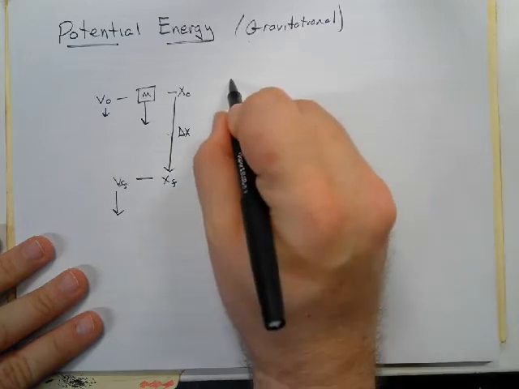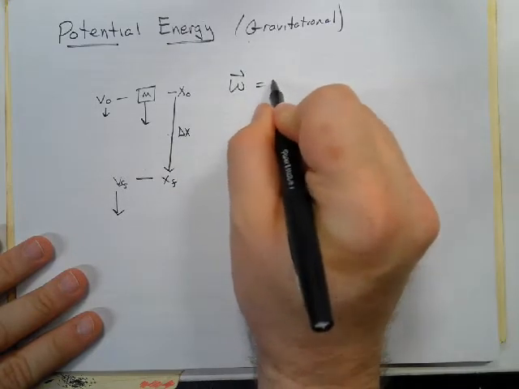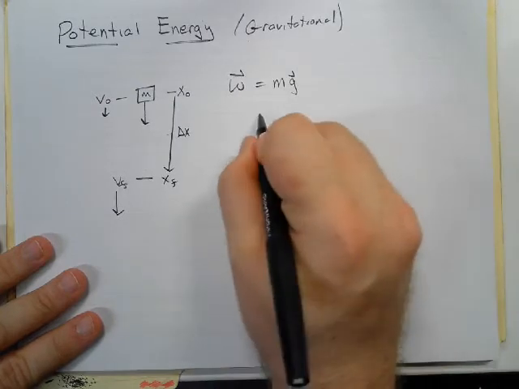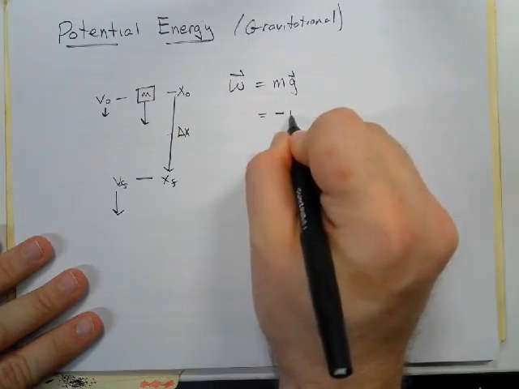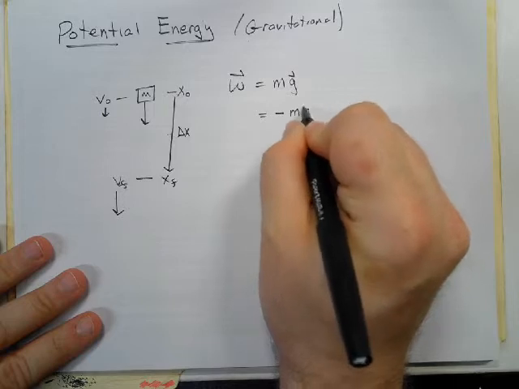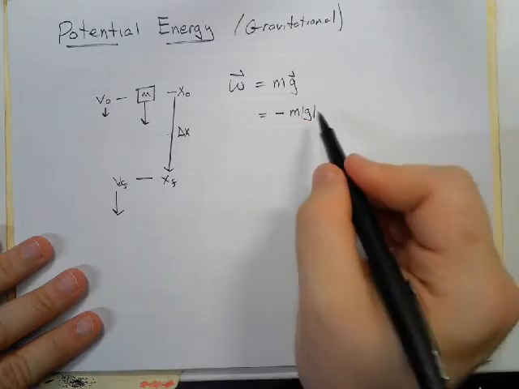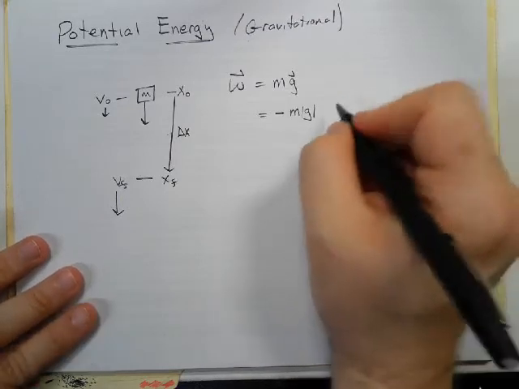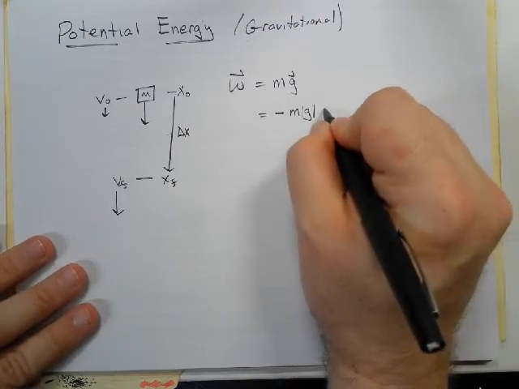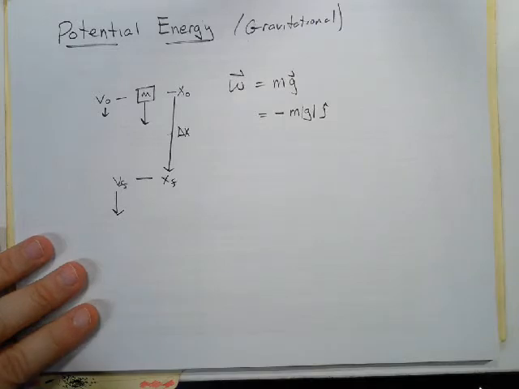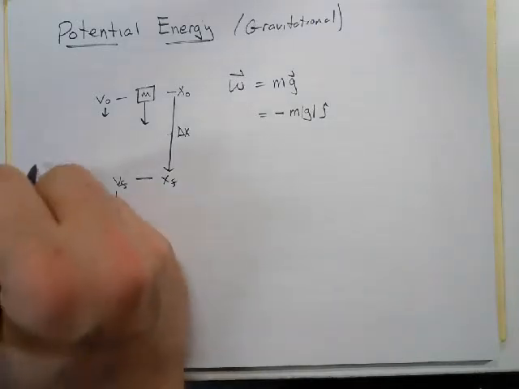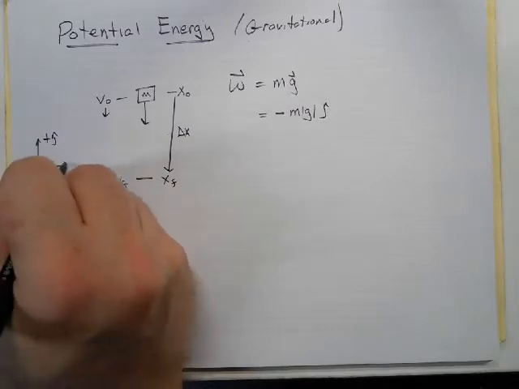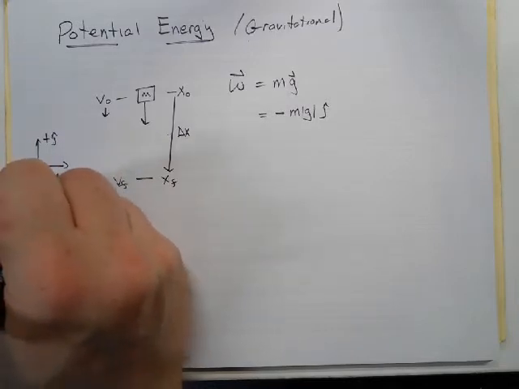So the weight force is going to be the mass times the gravitational acceleration, which is going to be minus m times g, which we usually just specify as 9.8 times our vector. So up is going to be plus j hat, and across is going to be plus i hat.